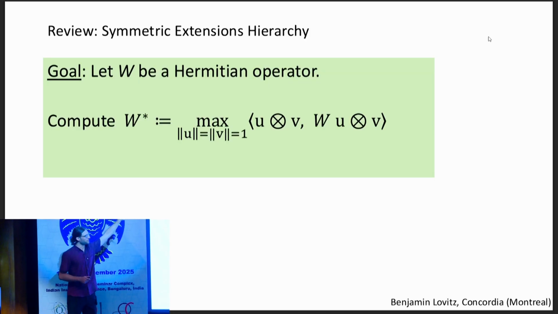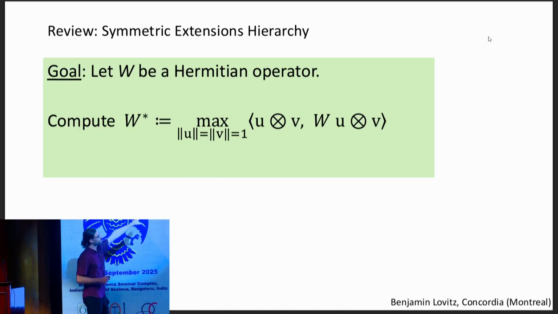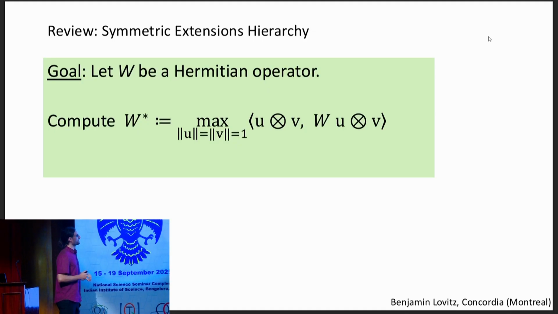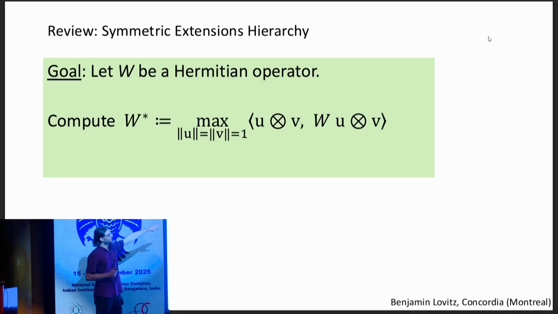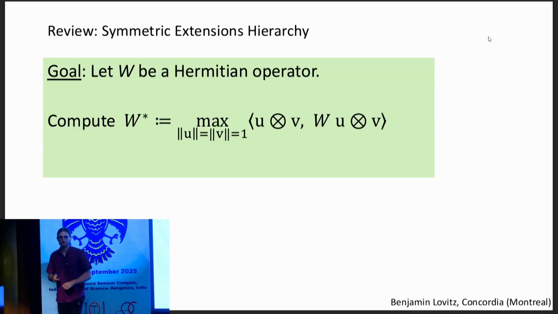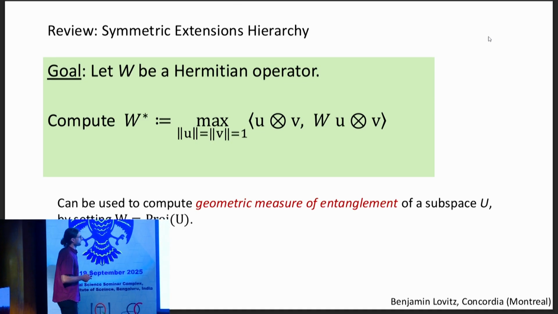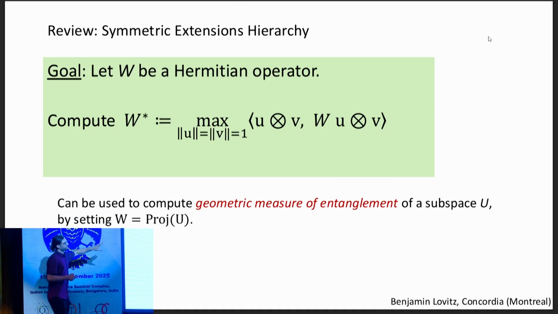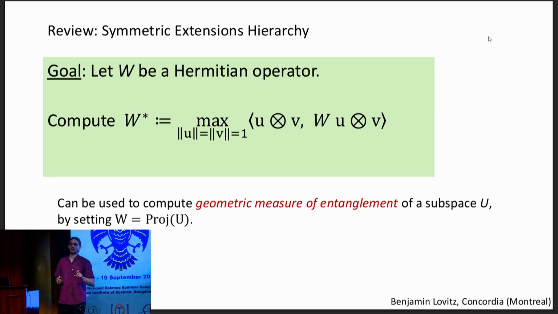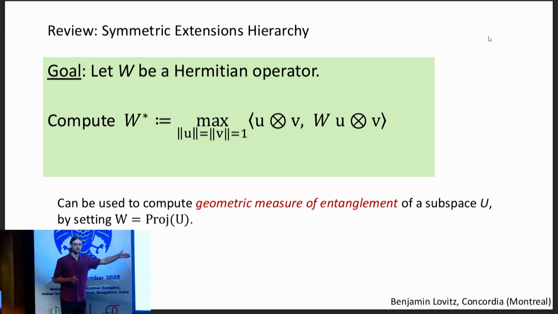So once again, we have a basic question. You fix a Hermitian operator W on some bipartite Hilbert space, and you want to compute its maximum inner product over product vectors. Maximum expectation value with product vectors. So if you could do this, you'd be able to solve a robust version of the entangled subspace problem by setting W to be the projection onto the subspace.